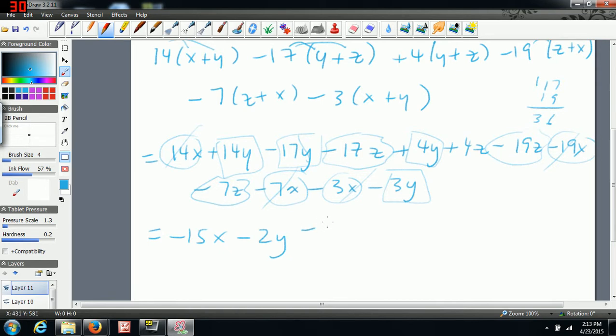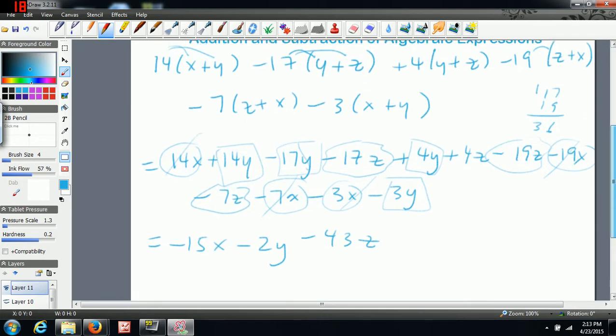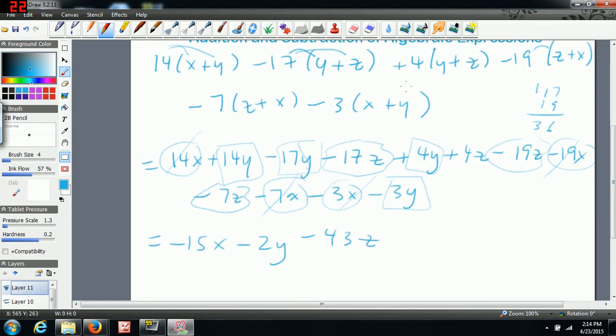So you're going more negative, so that becomes negative 43z. Okay, so that's the answer there. So negative 19z, yep, so that's negative 36, and subtract 7 is negative 43z. So that would be the answer to something like that. Just ignore this part here. That's not part of your solution, okay?